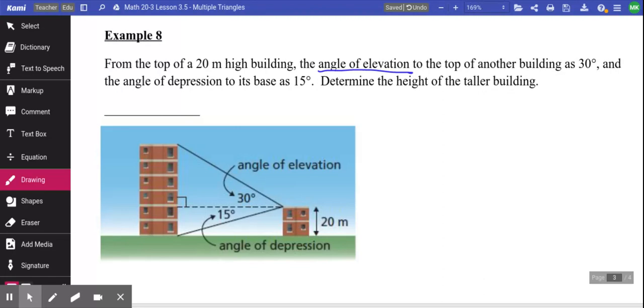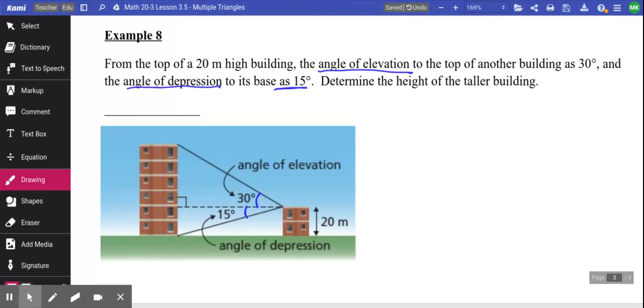So it says the angle of elevation to the top of another building is 30 degrees. You can see they labeled it for you. This is elevation because it's upwards from a horizontal line. And the angle of depression is 15. Angle of depression is going down. If you look right here, they gave you it going down from the horizontal.